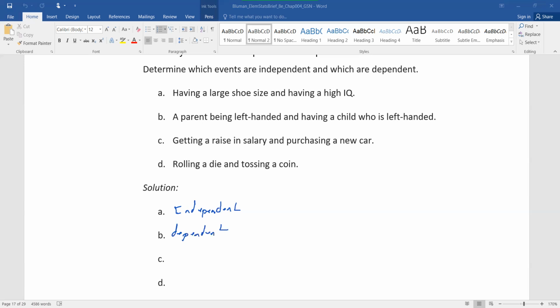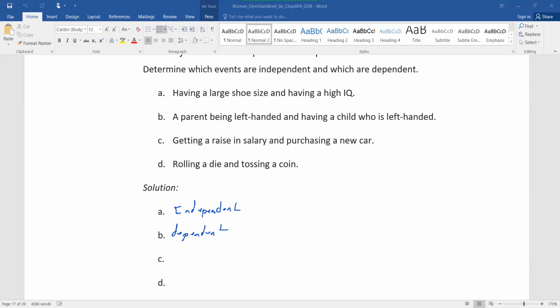If it's not genetic, then technically are they independent? But it's still partially affecting the outcome of the second event. So we'll go with this. If it has to do with kids, any factors, if it affects it at all, yeah. So we'll go with dependent, but you'll have great arguments on that.